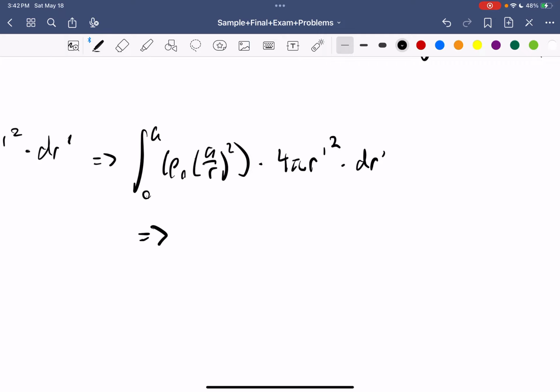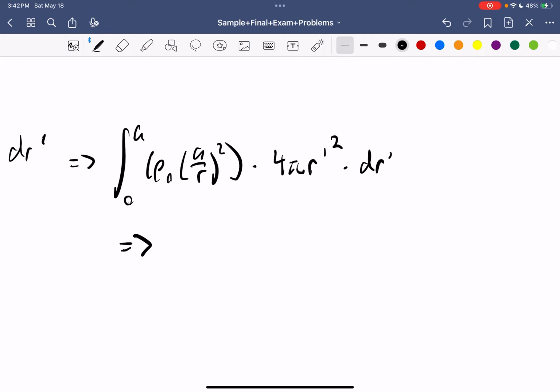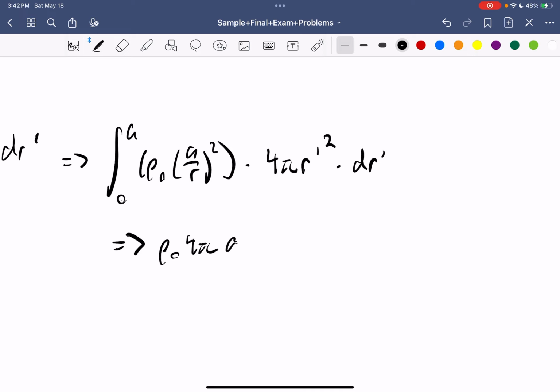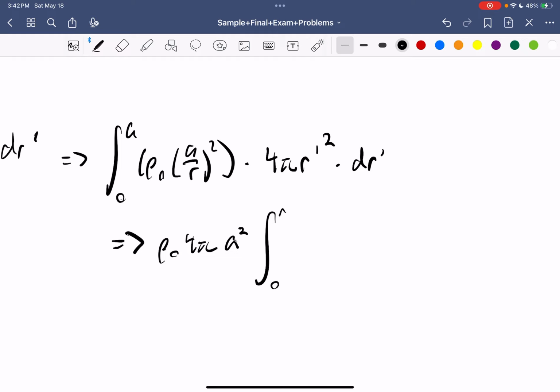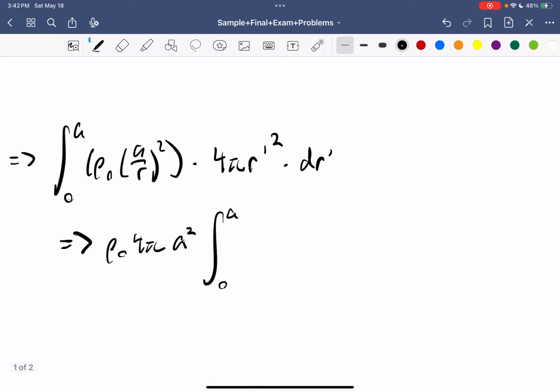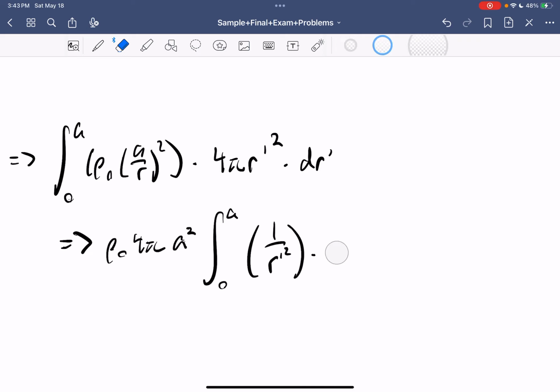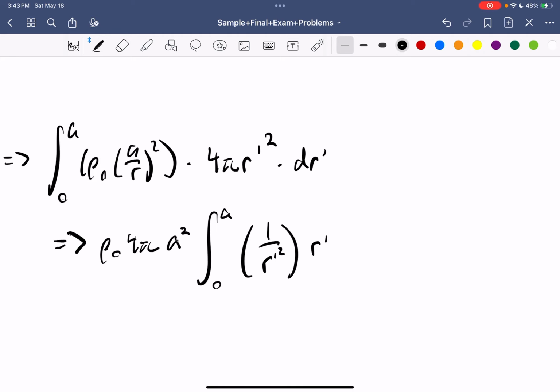All right, now we can move the constants in front again. So that's going to be rho sub naught 4 pi a squared in front of the integral from the bounds of 0 to a, and all we're left with is 1 over r prime squared times r prime squared times dr prime.